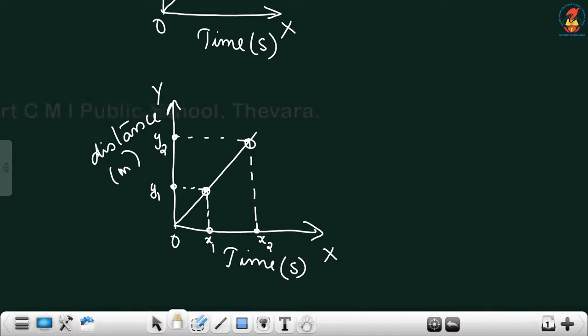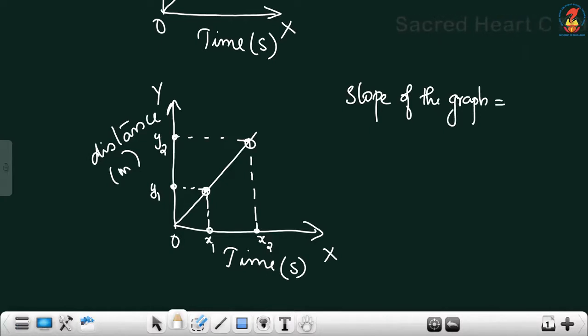Now I mark the y coordinates of these points, that is y1 and y2. Now to find the slope of the graph, the equation is y2 minus y1 by x2 minus x1.